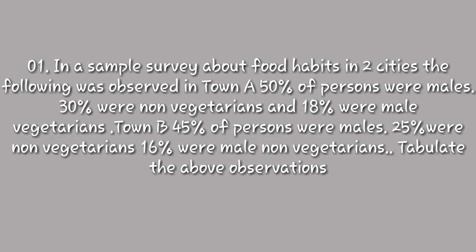Town B: 45% of persons were male, 25% were non-vegetarian, 16% were male non-vegetarian. Tabulate the above information. Here we have a problem about vegetarian and non-vegetarian, town A, town B, but the information is given percentage-wise. So let us start the problem.